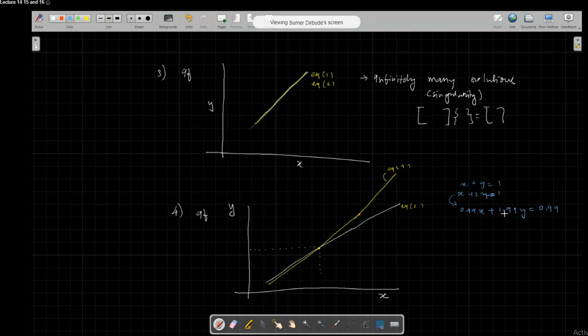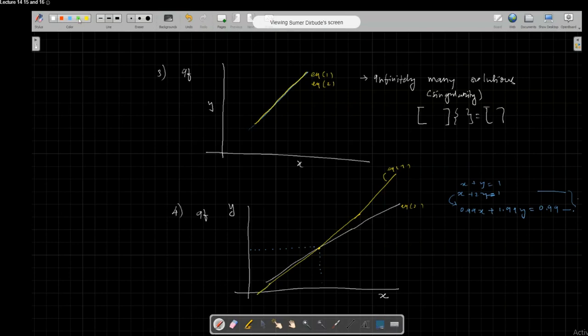As an engineer, we know that 0.99 is very close to 1 and 1.99 is very close to 2. So we may say that these two equations are nearly the same. But if you plot this equation, the line may be passing in this manner as shown in the figure here.